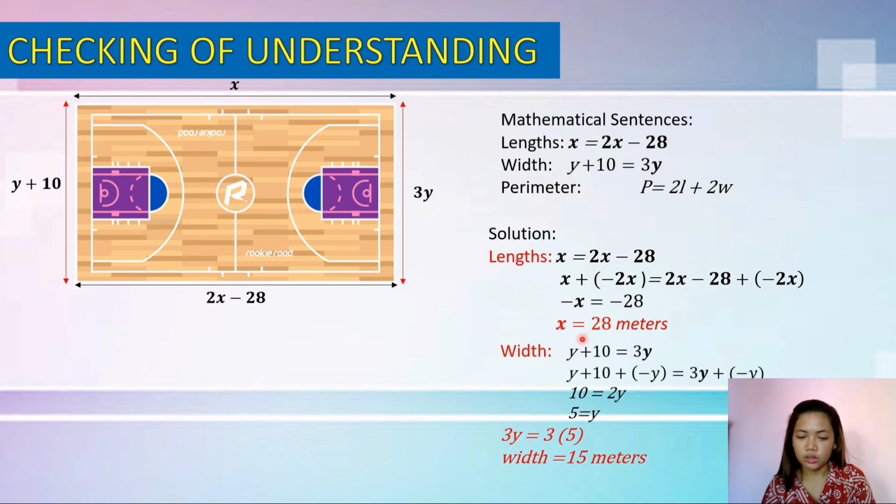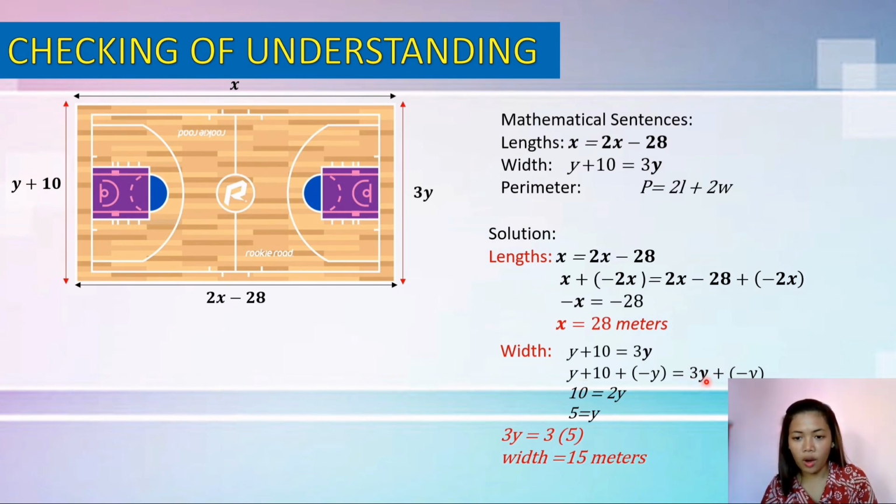So 28 meters is our length, since one side of the rectangular court is x. How about the width? We have y plus 10 is equal to 3y. Same thing, applying the addition property of equality, we eliminate the y on the left side of the equation and add negative y to the right side.